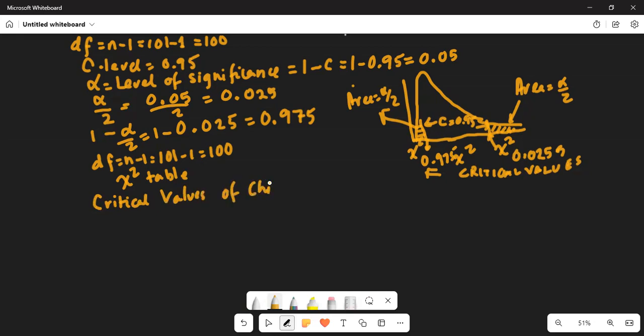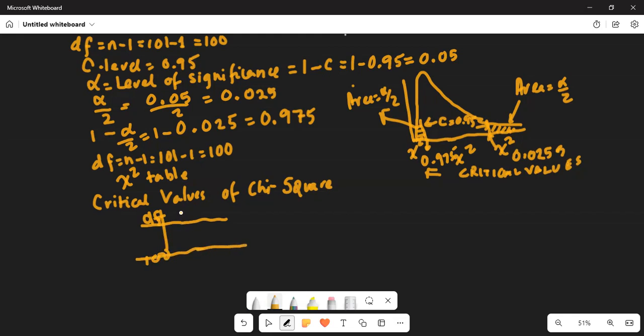If you search in Google with this search phrase, critical values of chi-square, you will get the table. In the table, the first column is degrees of freedom, and our specific degrees of freedom is 100. So we are stuck with this row, which is degrees of freedom 100.